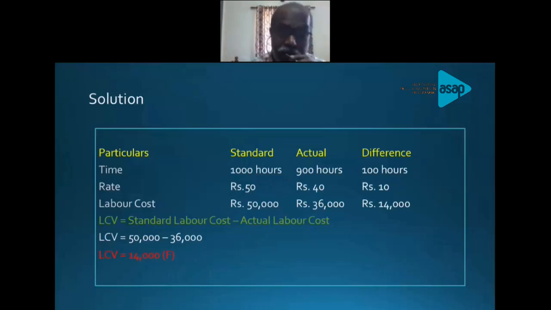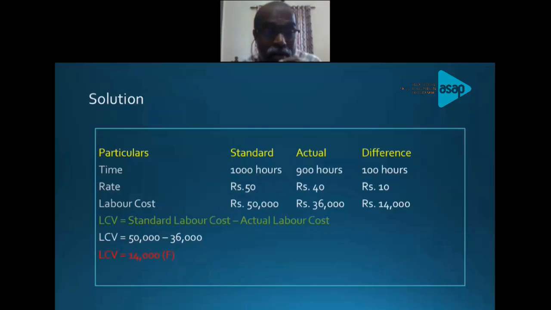How does it become favorable? You look at the actual labor cost. Actual labor cost is lower than standard. Standard is 50,000. That means we are permitted to spend up to 50,000 for completing this task. The output here is a job. The management has permitted you to spend rupees 50,000 as labor cost.